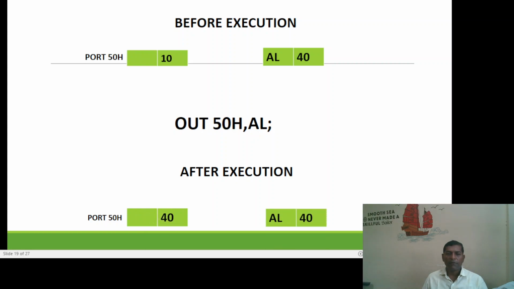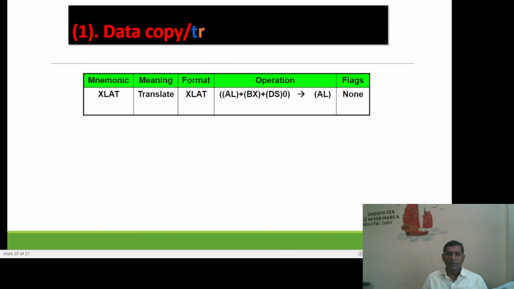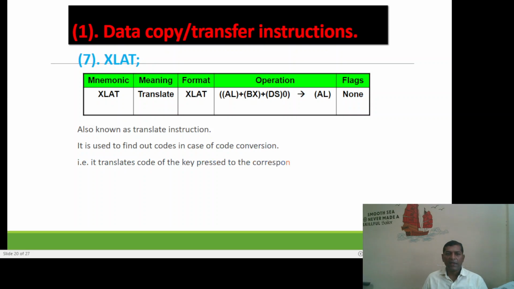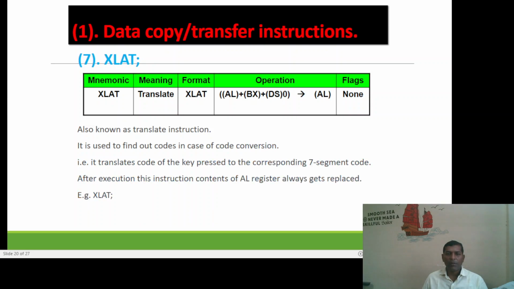We have another example, XLAT. This XLAT instruction is a translate instruction: translate from AL, BX plus DS, into AL. It is used to find out codes in case of code conversion.